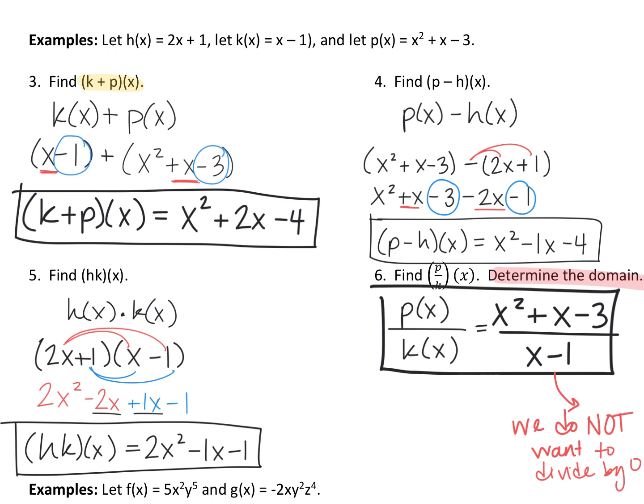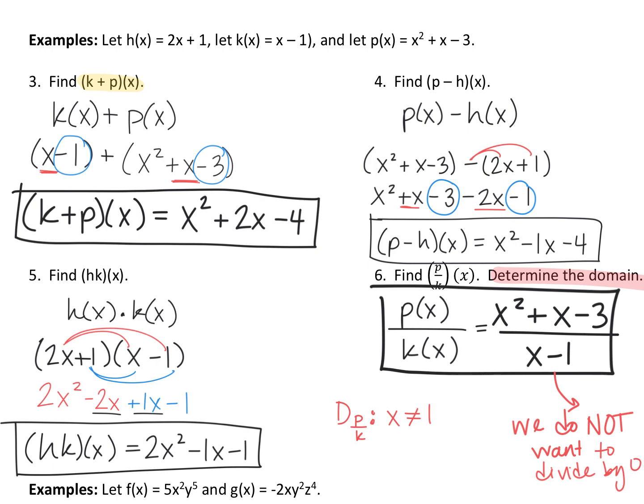So if x minus 1 is equal to 0, then x would be 1. So the domain of p divided by k, you don't need to do them separately. The domain of p divided by k is everything except for 1. Everything is fine except for 1, because if you have 1, what are you gonna get? 0. And that is a problem.